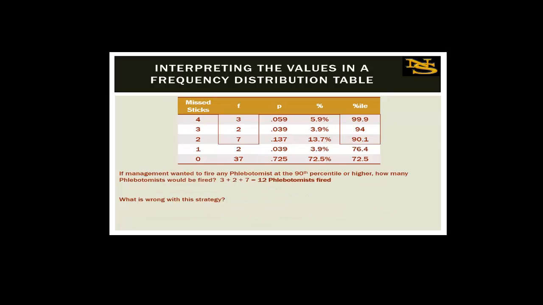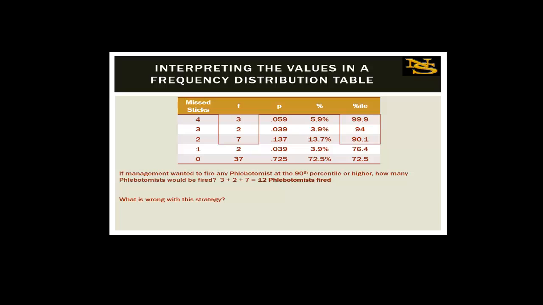Here is another example of maybe a practical use for this data. Let's say I'm the manager and I really want to have some quality control for my phlebotomists. So I decide that if you are in the 90th percentile or higher for missed sticks on a blood draw, that's unacceptable, and I'm just going to fire you outright. So how many phlebotomists would be fired? You could say, okay, 90th percentile or higher.